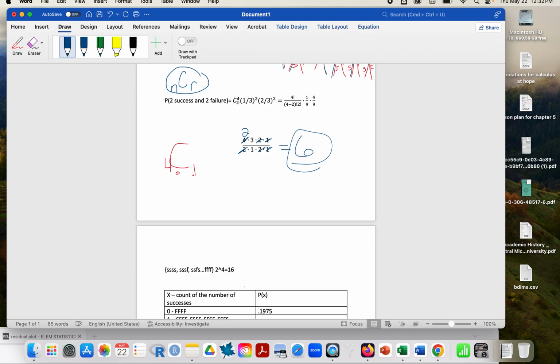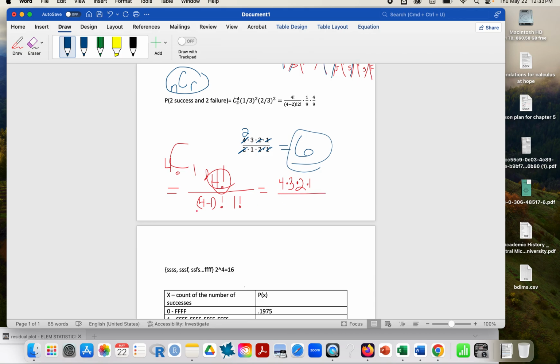So it's 4 choose 1, and I'll bring back the factorial in a second. So by the formula, what I'm going to have is 4 factorial in the top. And then I'm going to have 4 minus 1 factorial. And then I'm going to have a 1 factorial. Well, 4 factorial is 4 times 3 times 2 times 1. Remember, there's a multiplication dot in between each one.